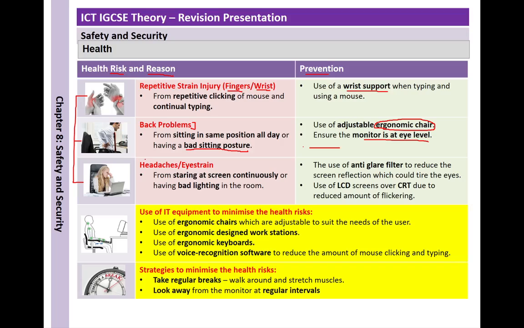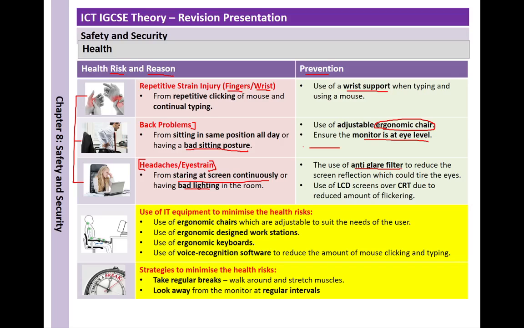The third risk is headache, or you might call it eye strain, and it happens because we stare at the screen continuously for a long time. Especially if we have bad lighting, this effect might be even worse. To minimize it, we can use an anti-glare filter screen or anti-reflection glasses.